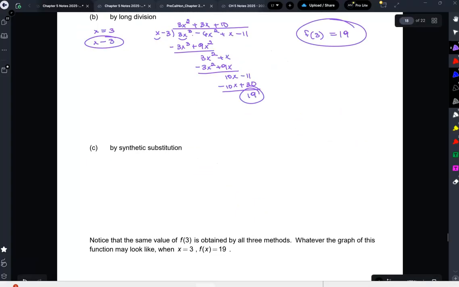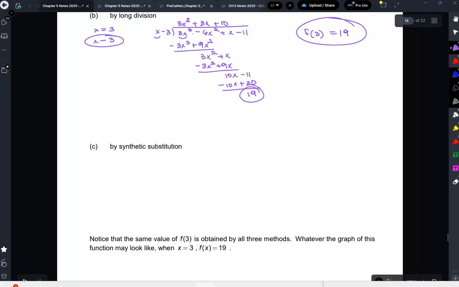So by synthetic substitution, now we're going to do the same thing. Here, we're going to put the 3 as is. And here we're going to put 3, negative 6, 1, and negative 11. 3 comes down, 9, 3, 9, 10, 30, 19.